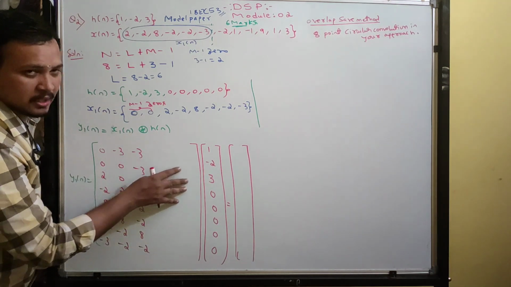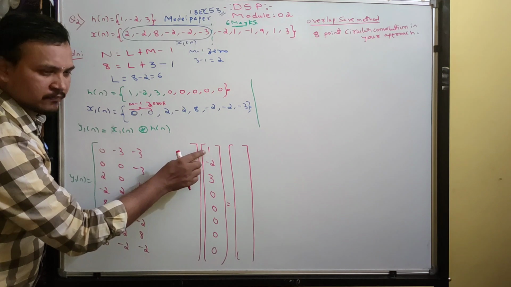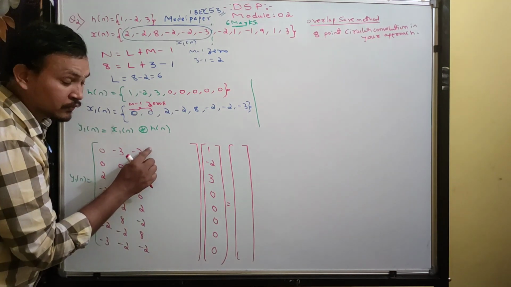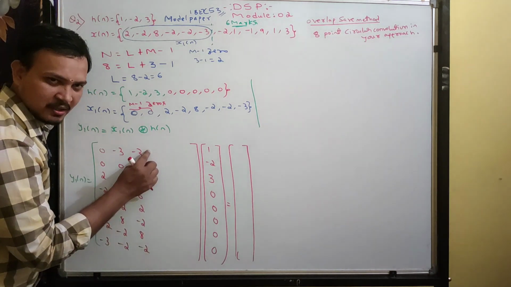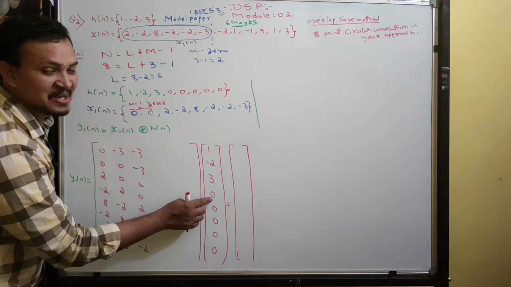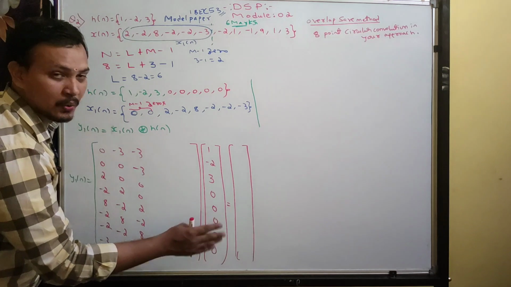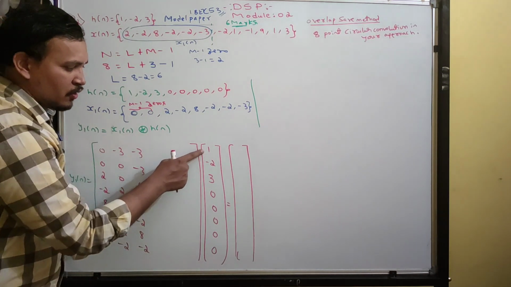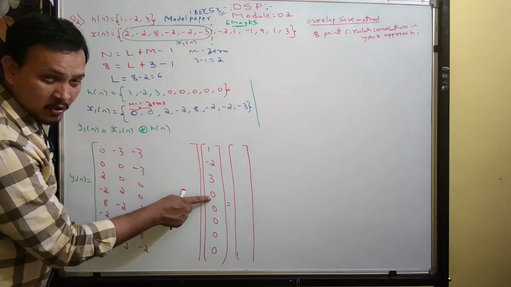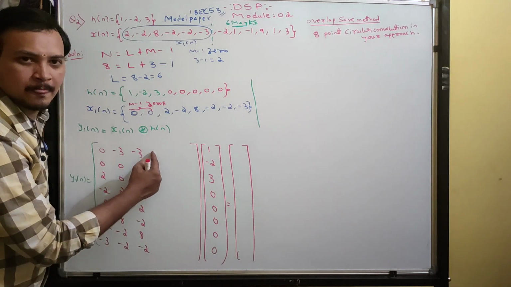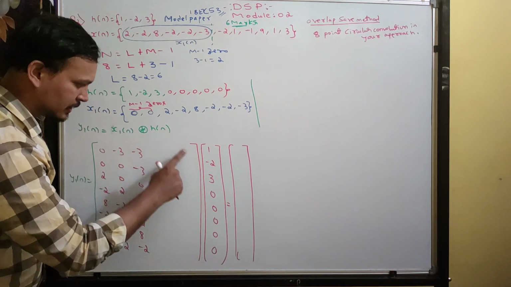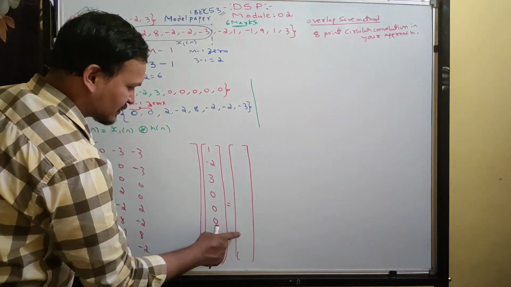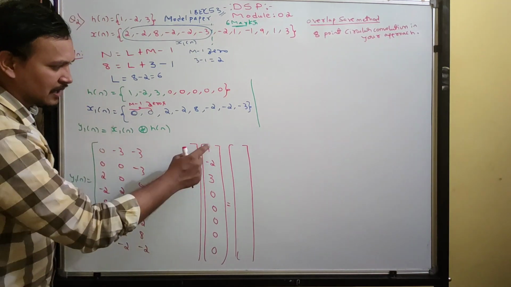Whatever you shift, first gets multiplied with first, second with second, third with third, and the fourth, if you shifted it here, gets multiplied by 0, so everything will be 0 only. That's why I shifted only 3 times. If h of n has one more number, you shift one more time. But in the exam you should write the full shift. While doing the operation you take only these 3 multiplied with this.